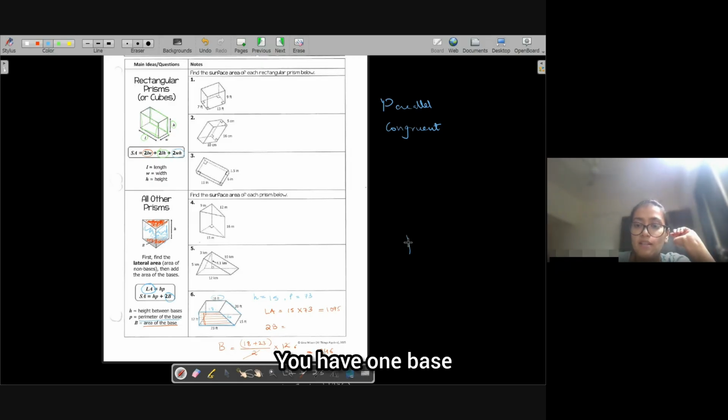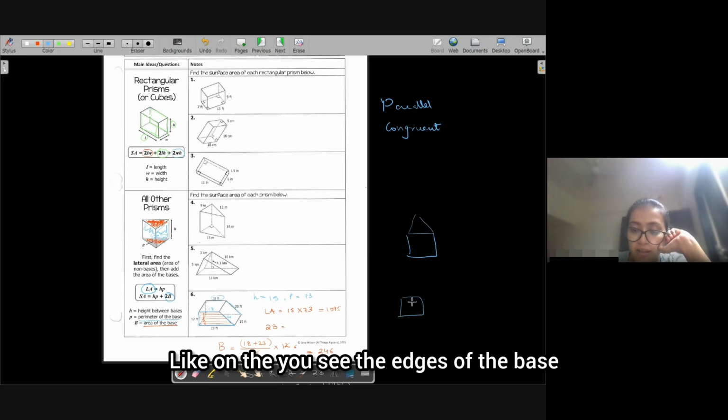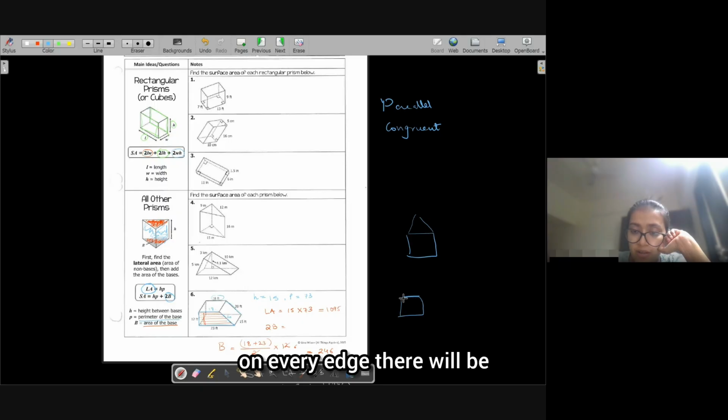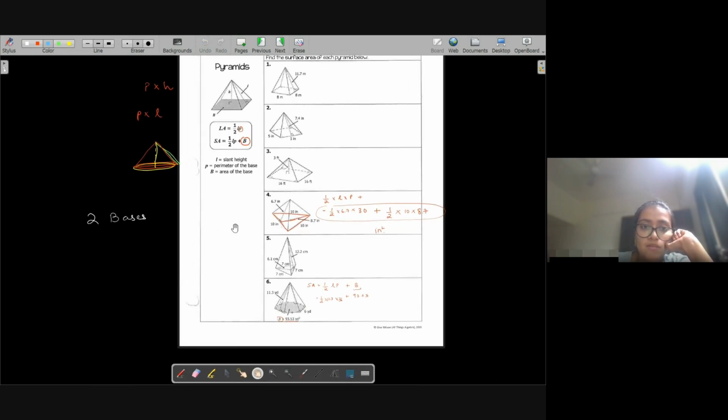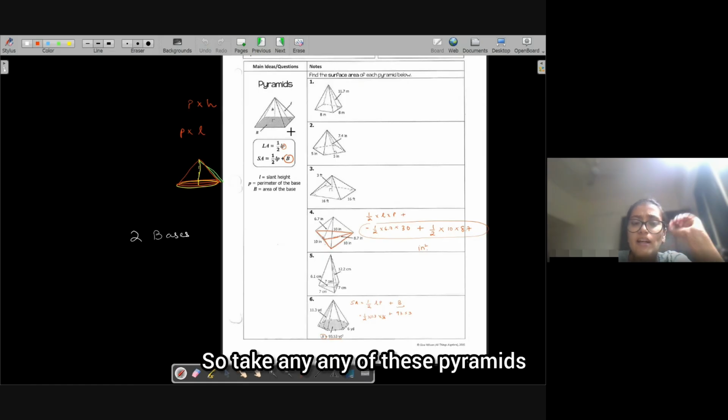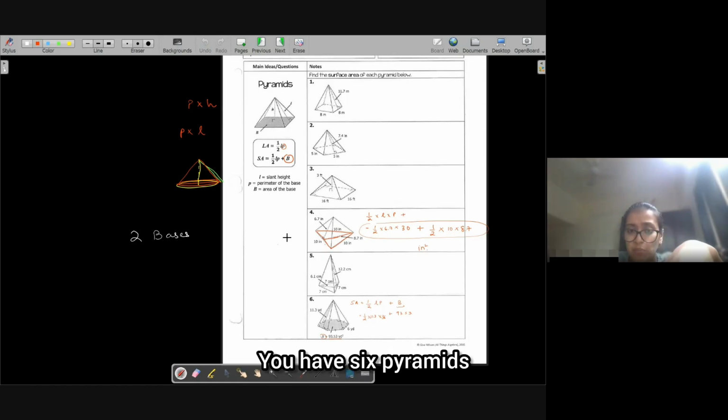You have one base, and you see the edges of the base? On every edge, there will be triangles actually. So take any of these pyramids. You have 6 pyramids.